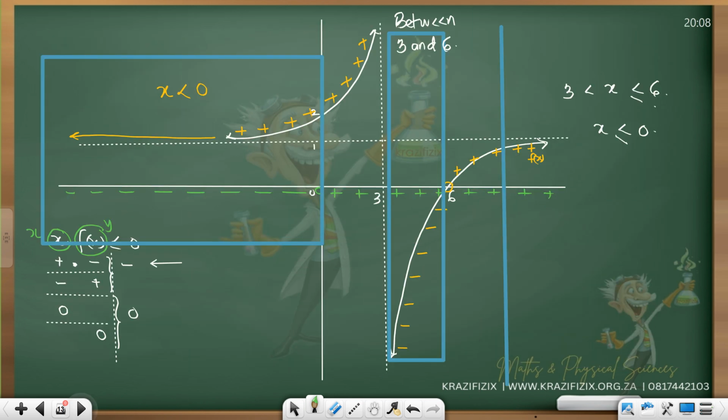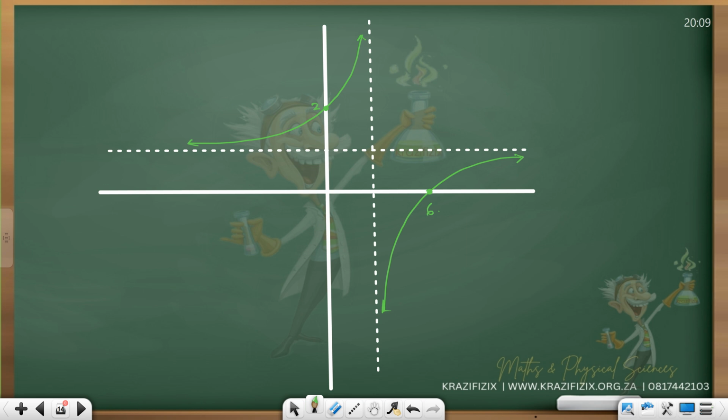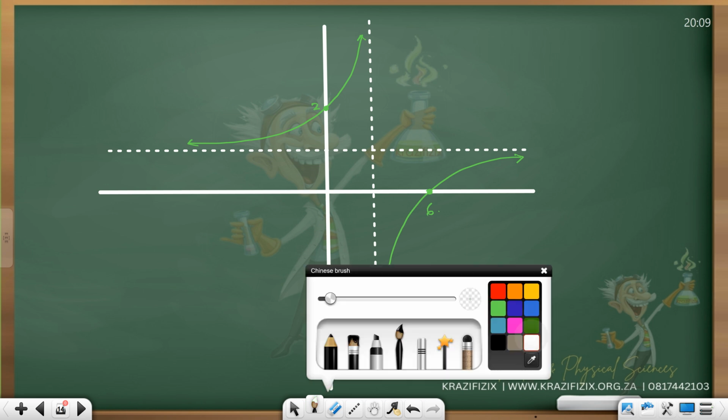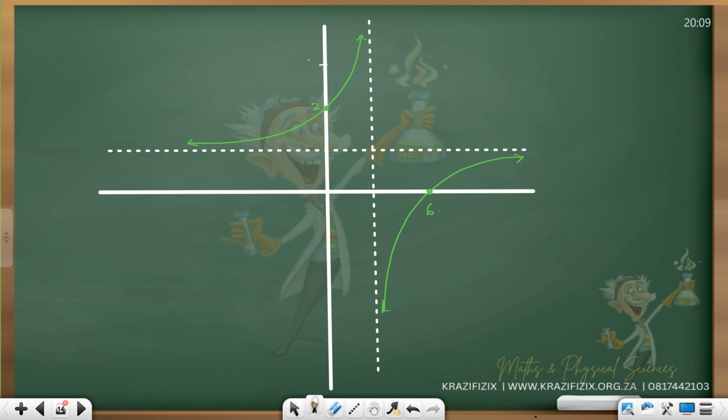Now, if I were to draw that graph, y equals negative x plus 4, what would be my x-intercept? 0. So x will be equal to 4.